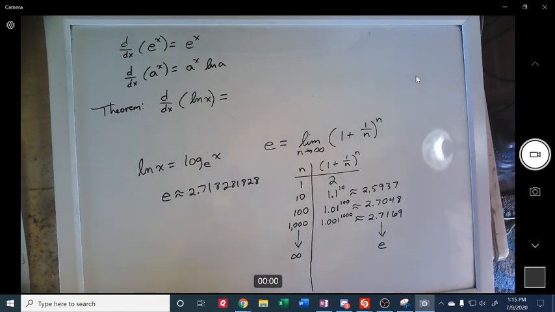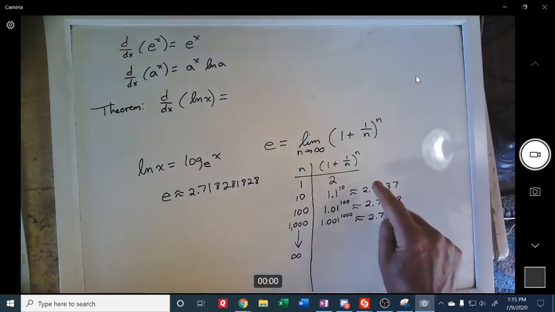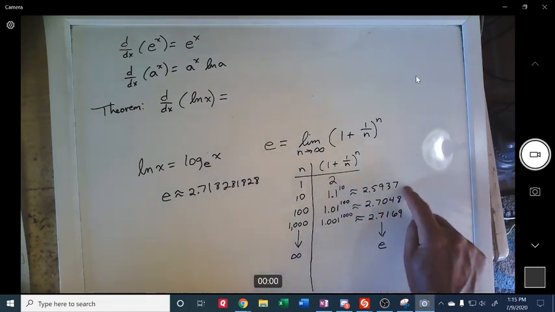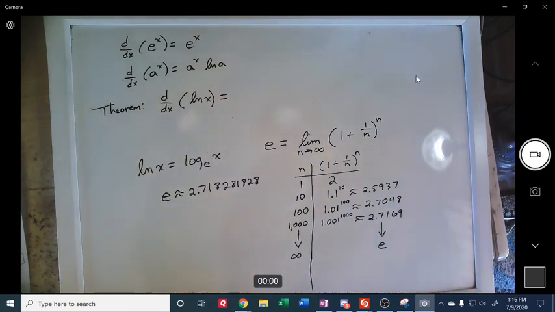But if you have $1 at 100% interest, compounded twice a year, you'll get a little bit more than $2. You'll be getting around $2.60 maybe, something like this.